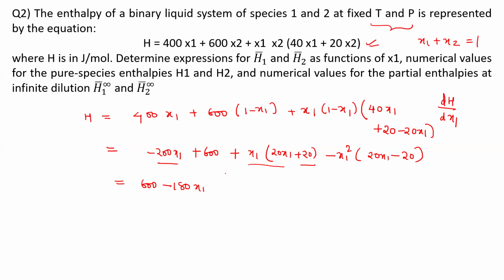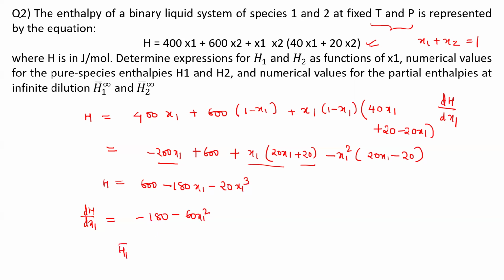Sorry for the distraction. Okay, we get 20 x1 cube. So we have dh by dx1 equals minus 180 minus 60 x1 square.